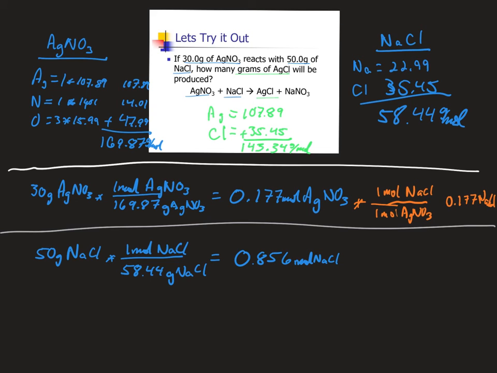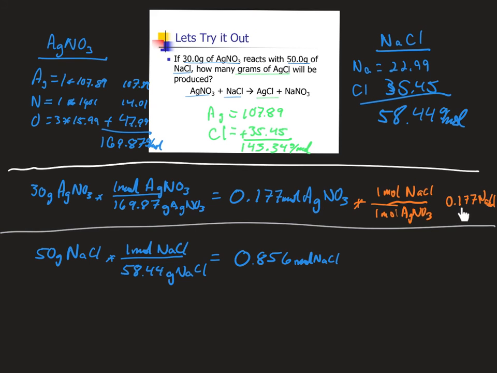Now, which number's smaller? That number, or that number. Now, they're both small, but this number is smaller, which means my limiting reactant is my silver nitrate. Now, what's nice about this is that I can utilize the rest of this problem using just this here.